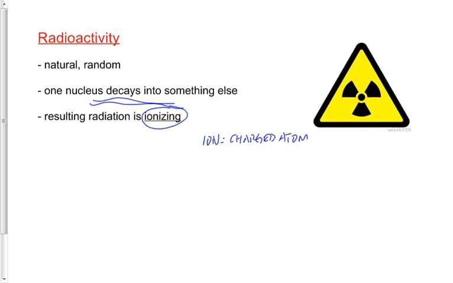Now, that might not seem like a big deal, and sometimes it isn't, but sometimes it is a big deal. If you have ions floating around inside your body that aren't supposed to be there, because something ionized atoms, then you're going to get chemical reactions taking place inside your body that aren't supposed to take place. And that's not good. Biology is really just chemistry, right? Biology of the body results from chemistry of the body. Chemical reactions that take place between things lead us to certain biological structures.